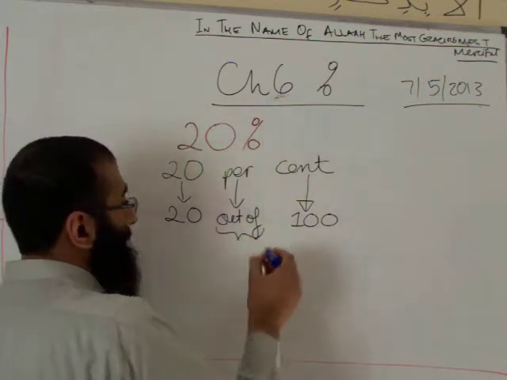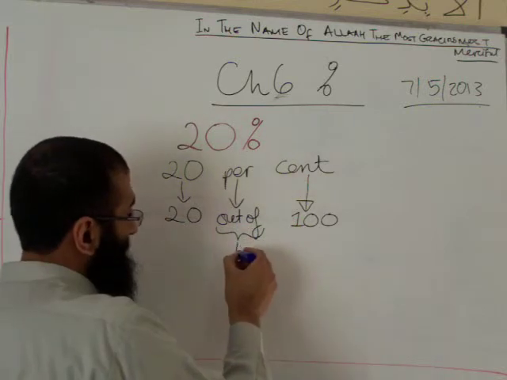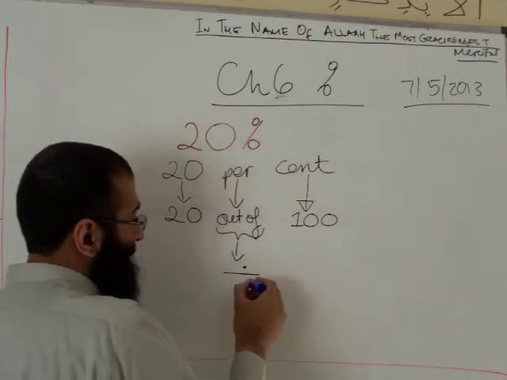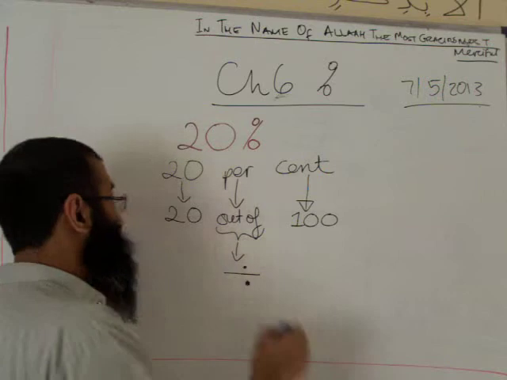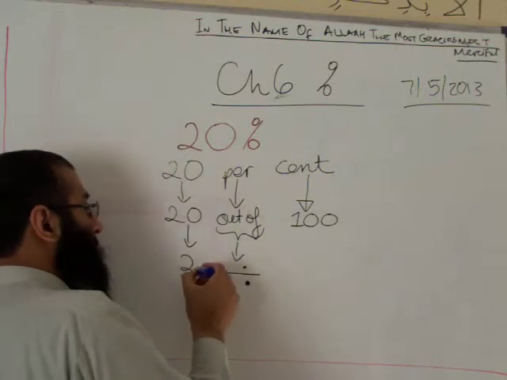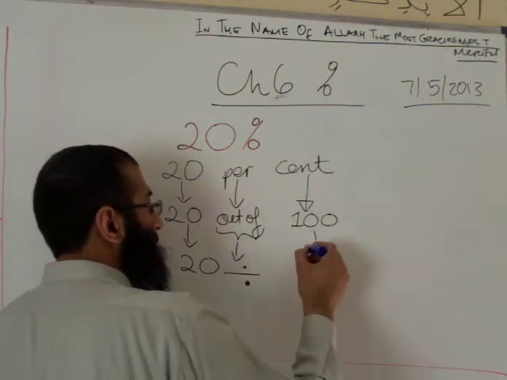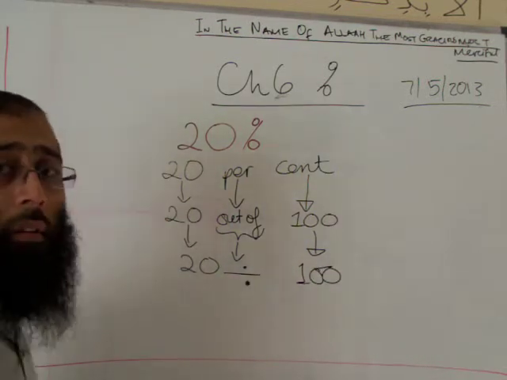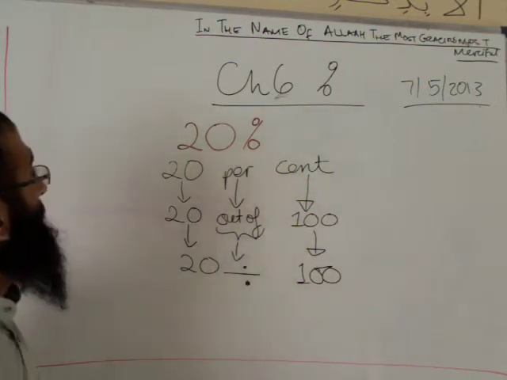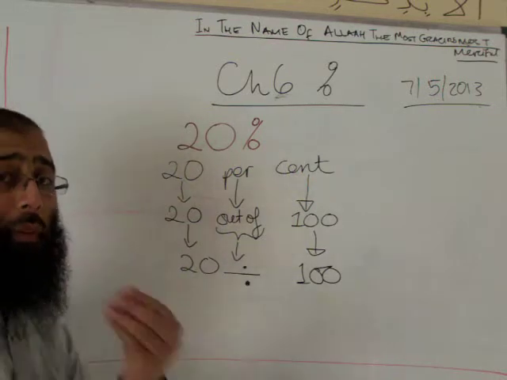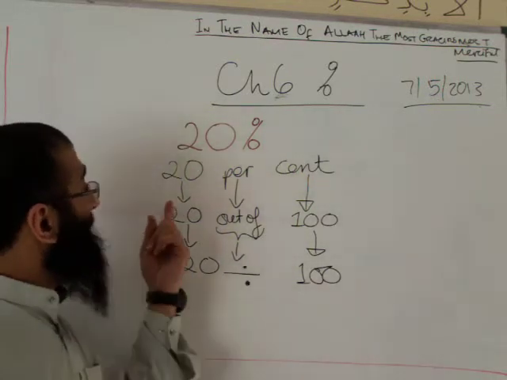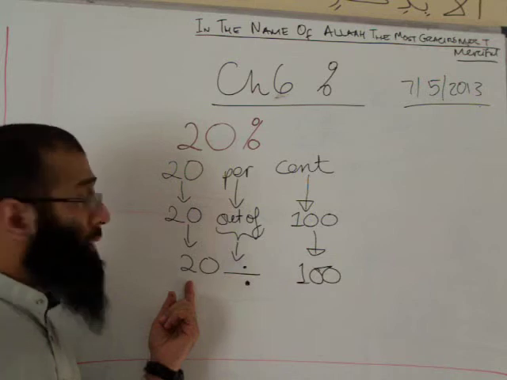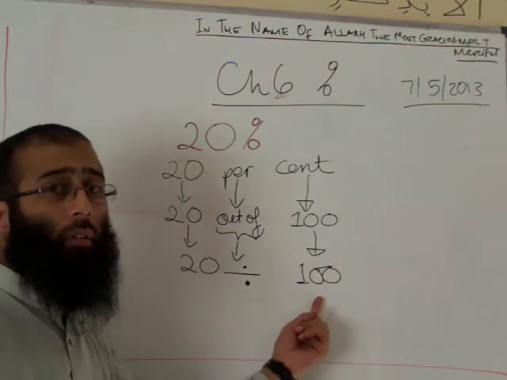Now, out of in mathematics means divide. Copy the 20 down. Copy the 100 down. So, when we say 20%, we are talking about 20 divided by 100.